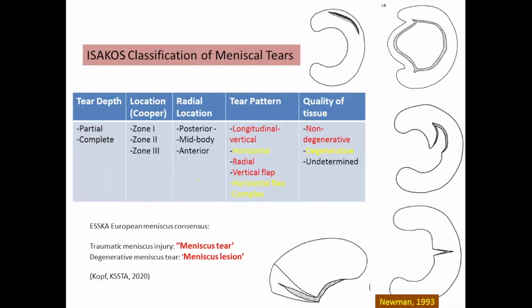So in the Cooper classification, there is also zone 0, which is outside the capsular junction region. And since it is just outside the meniscal tissue, we will just be talking about the meniscal injuries, not the tears that are outside the meniscal tissue per se.